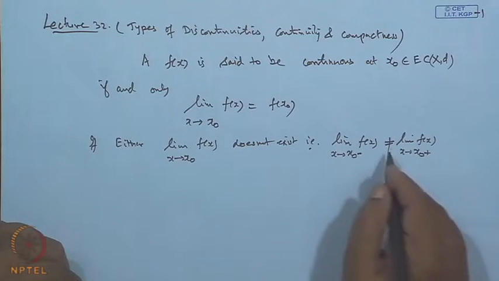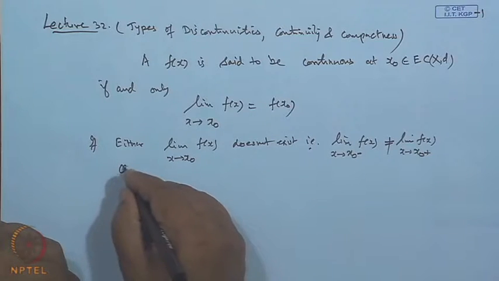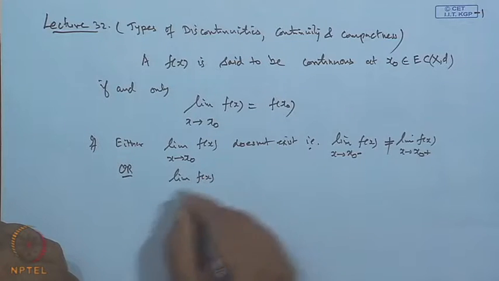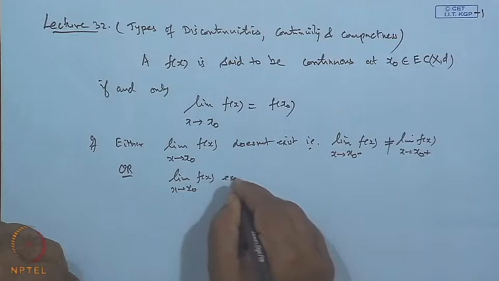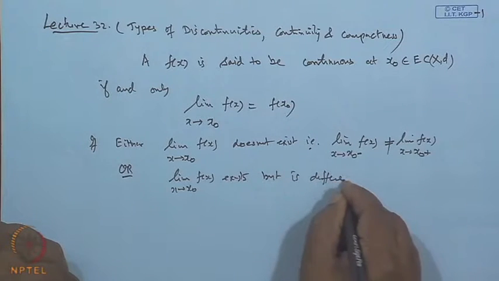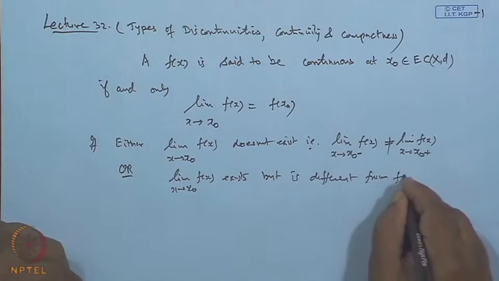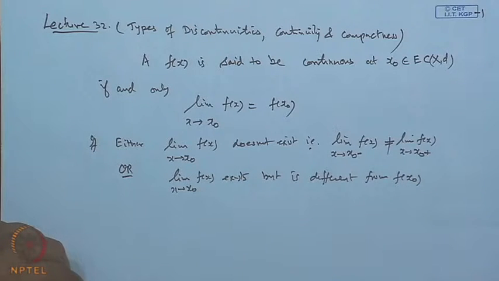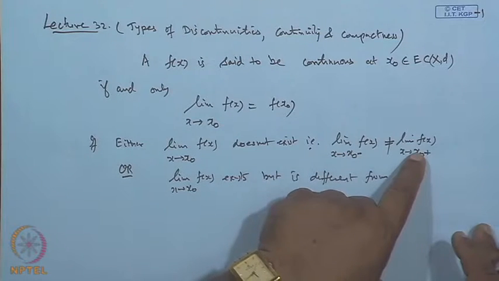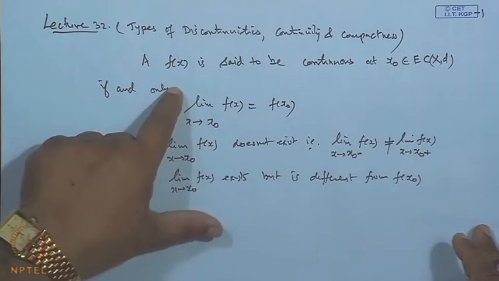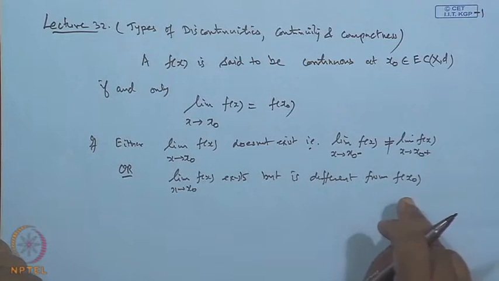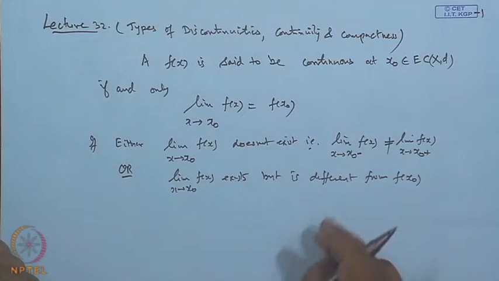In that case, or the limit exists but is different from the value of the function f(x naught). So, when the left hand and right hand limits do not exist, then the function will not be continuous, or if the limit exists but its value is different from f(x naught), then also the point x naught will be said to be a point of discontinuity.